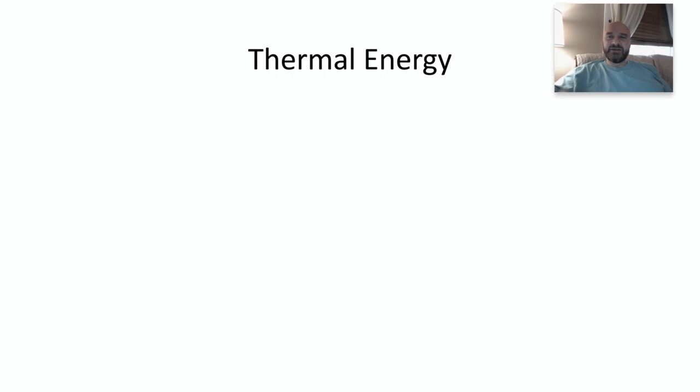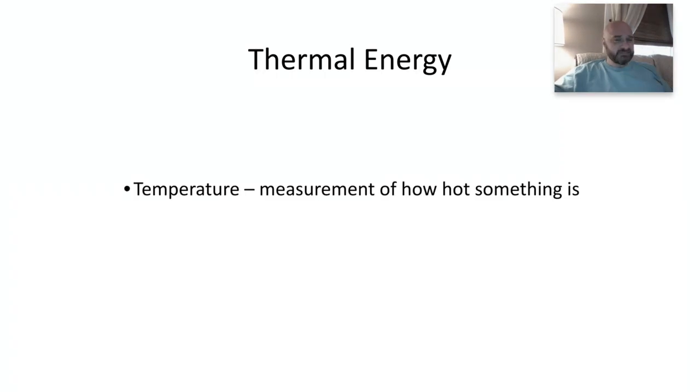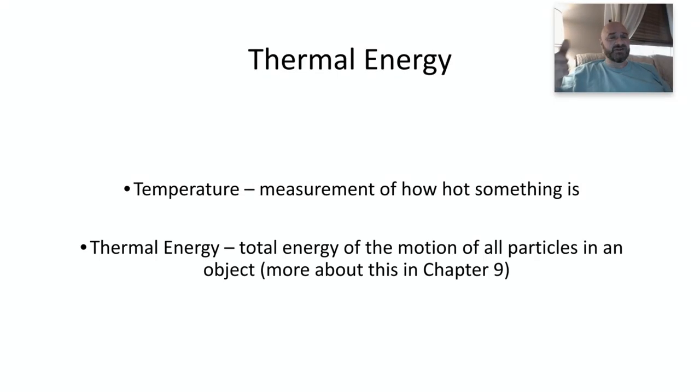The book will talk a little bit about thermal energy. Temperature is a measurement of how hot something is, and it's an average. Thermal energy is a total amount of energy of motion of all particles in an object, but that gets more into chapter 9. So, temperature is a measurement, and it's an average of how much the particles are moving. Thermal energy is a total.